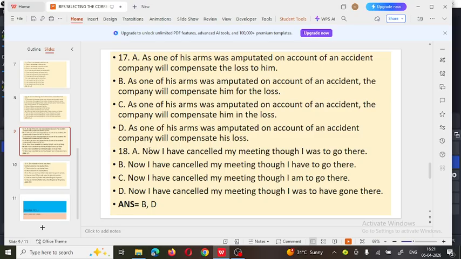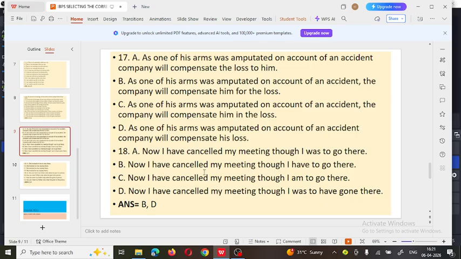Next. Now I have cancelled my meeting, though I was to go there. Next. Now I have cancelled my meeting, though I have to go there. Now how to go is told, and again I have cancelled is also told. So the meaning is not going together.